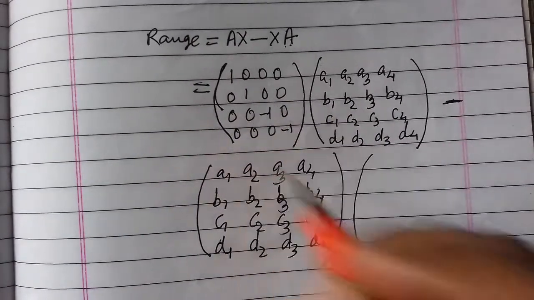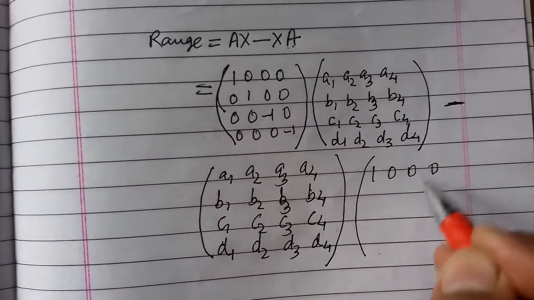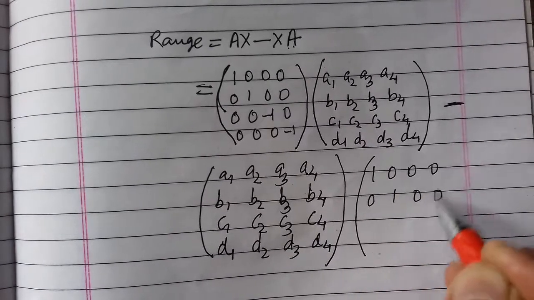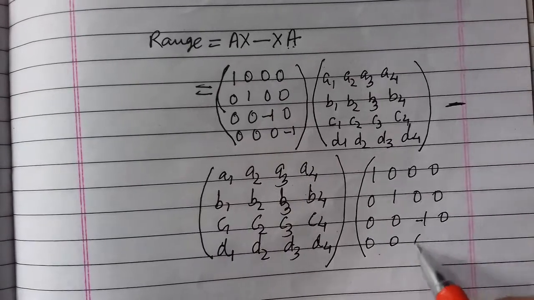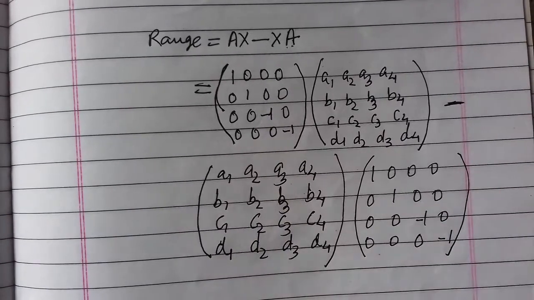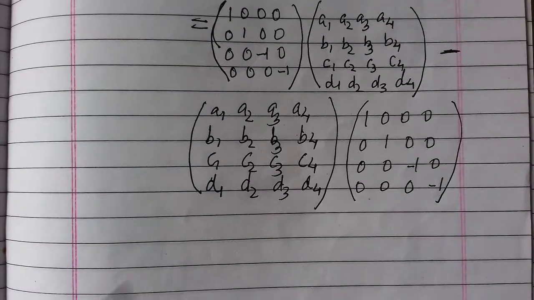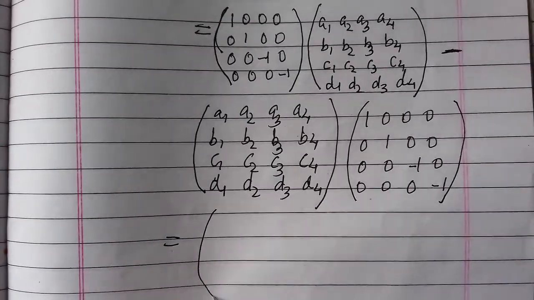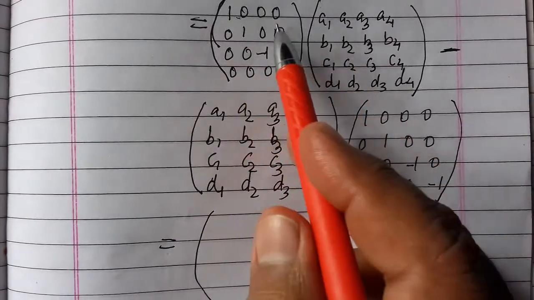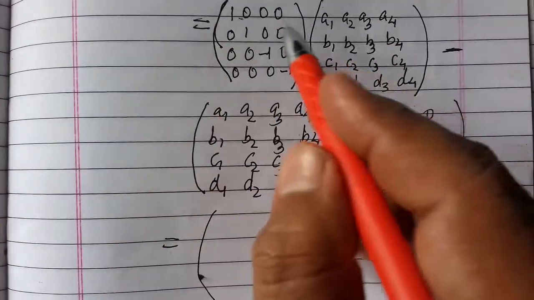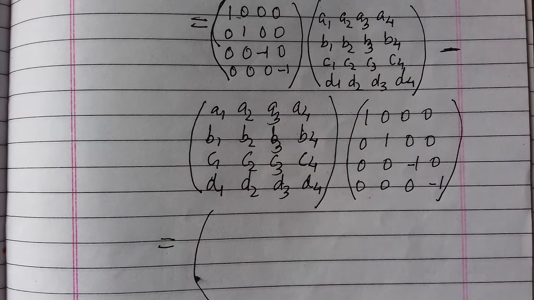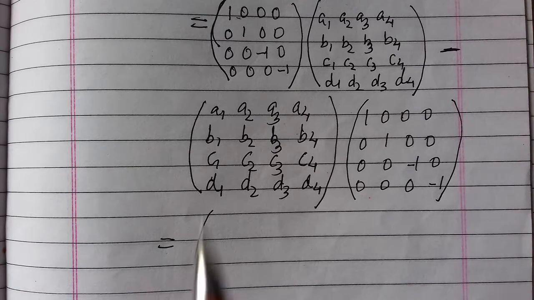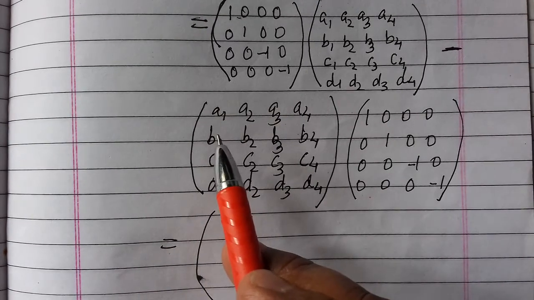So a is, you see here, 1 0 0 0, 0 1 0 0, 0 0 minus 1 0, 0 0 0 minus 1, and now you simplify this, and you will get here the first thing will be a1, a2, a3, a4.